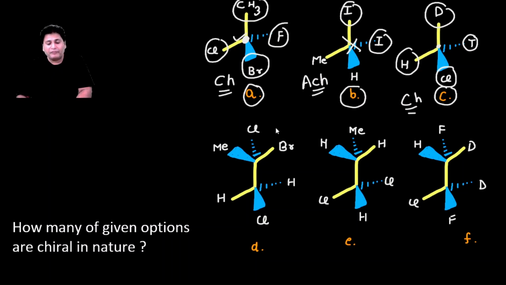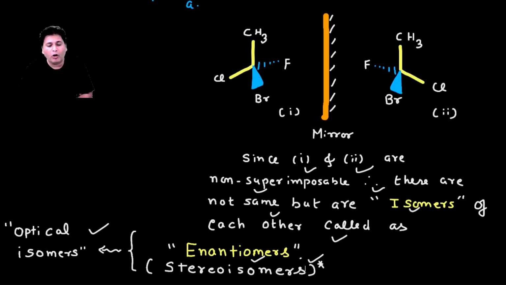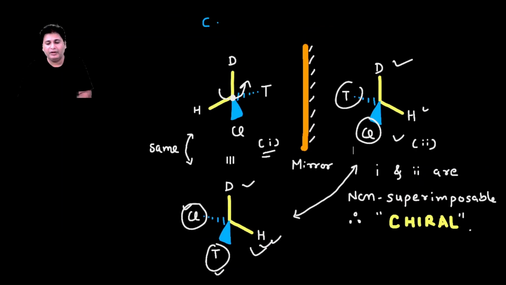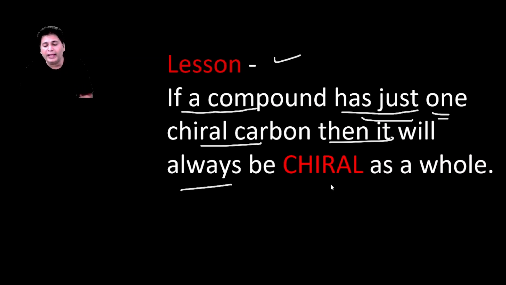So from here we can make a very important observation, as I have written here, a very important lesson to be taken. If a compound has just one chiral carbon, this is very important, then it will always be chiral as a whole.